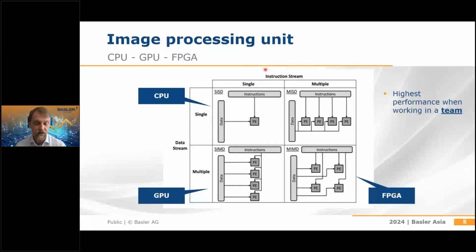It means that, when we look into machine vision, you have the option to perform a lot of operations or instructions at the same time on multiple data blocks. In the FPGA, you normally build up a pipeline where all the pixel information, all the lines, all the images and image sequences go through.